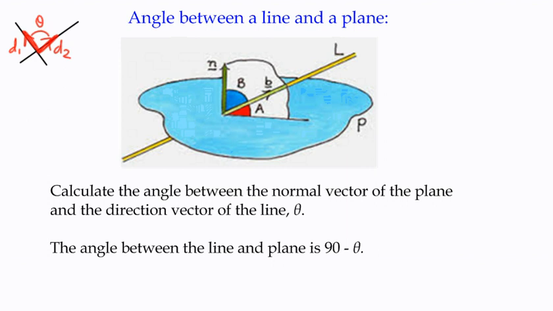When it comes to two planes, they'll usually intersect on a line. So if we've got a plane like that and a plane like that, remember that we're not so much interested in the direction of the plane as the normal of the plane.